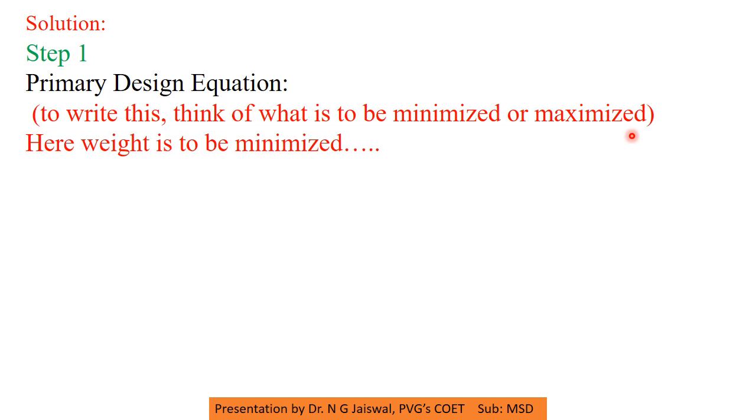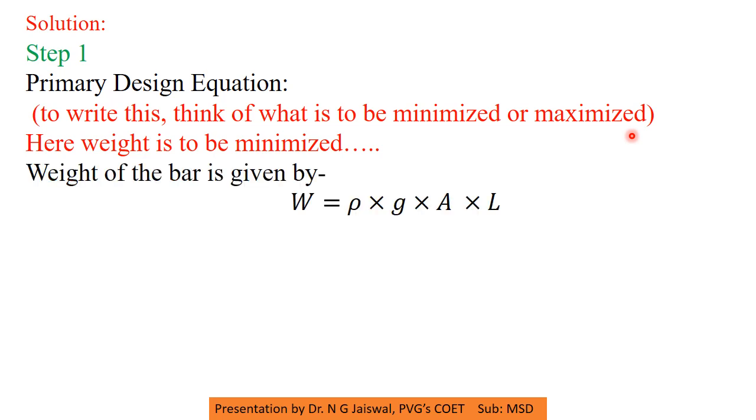Therefore, the weight of the bar is given by weight W is equal to rho into g into volume. Volume is area of cross section into length. So rho into g into A into L. A we can replace by pi by 4 d square.